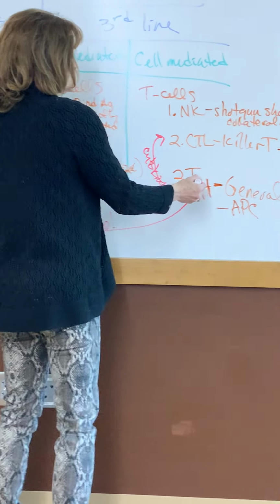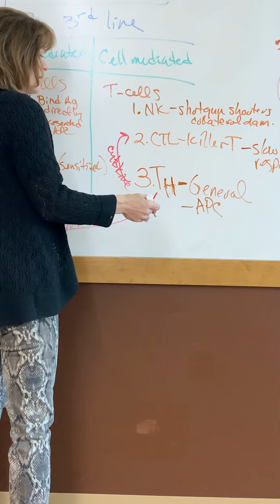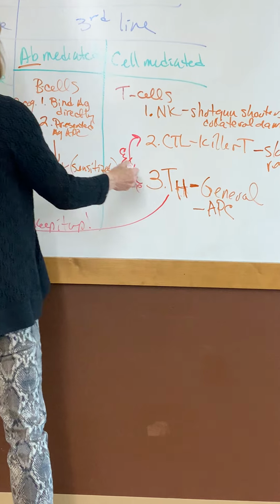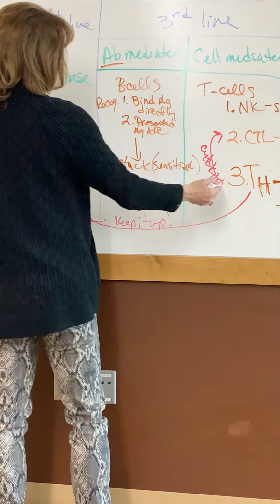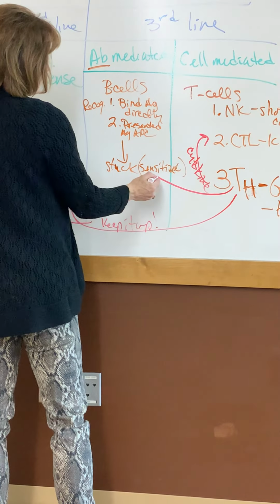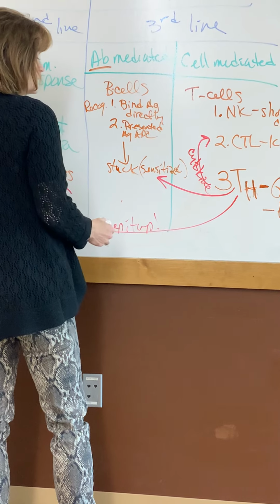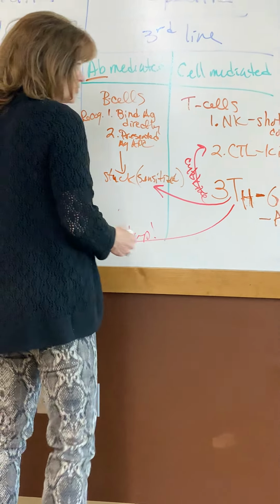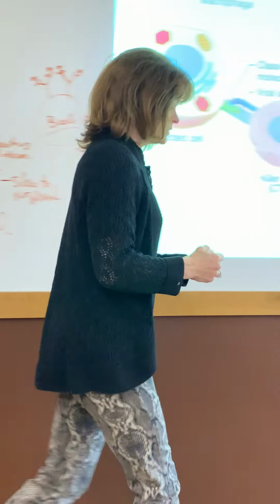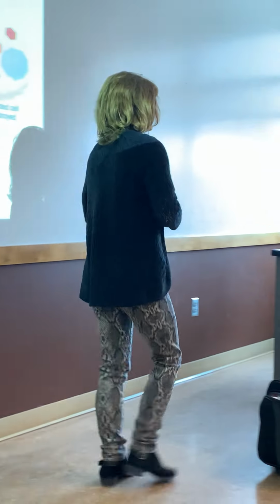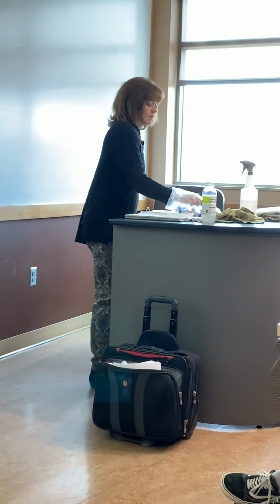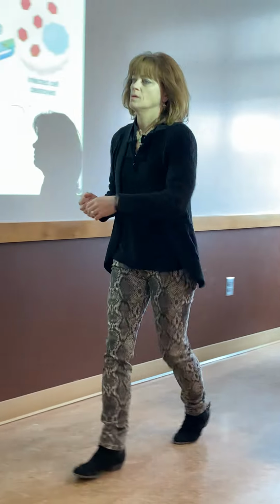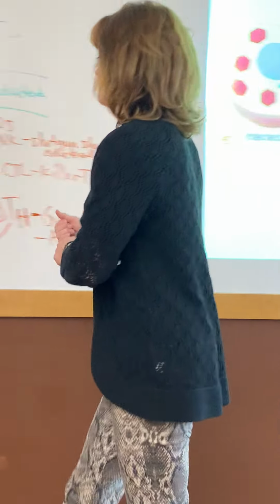The helper T also then goes to find this stuck B cell, binds to it, and gets him unstuck. And once that B cell gets unstuck, then what can he do? What does he turn into?